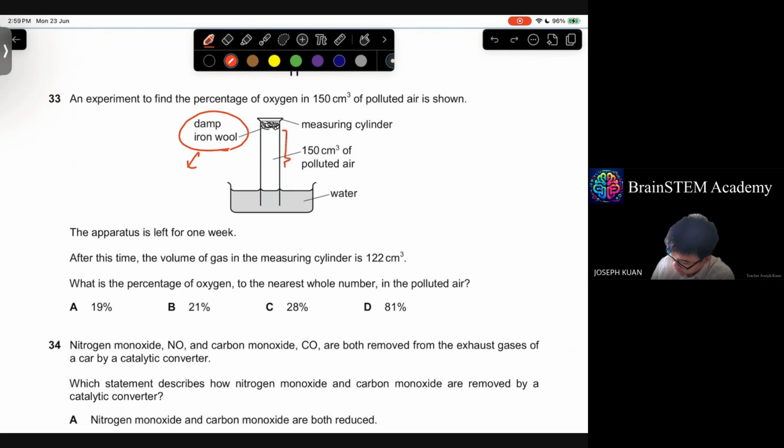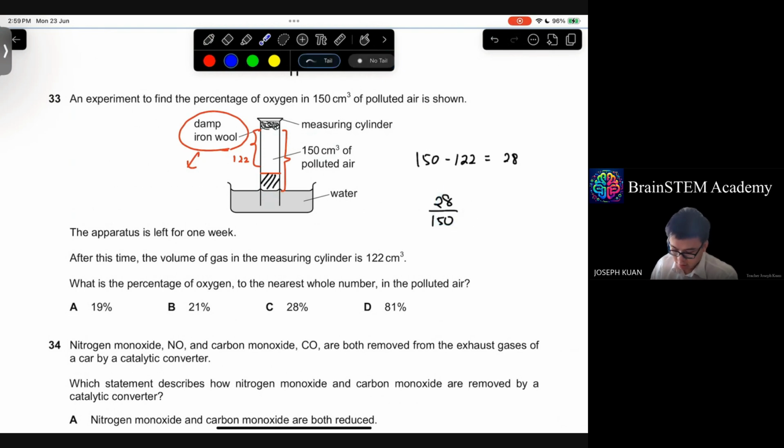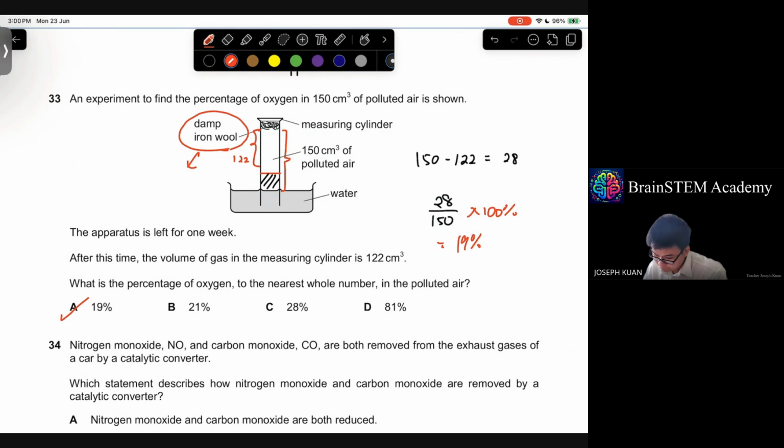After the experiment, the water level rises, leaving 122 cubic centimeters of air. So this shows us that the component removed is oxygen. You have to find the difference between these two values to find the oxygen used, which is 28 cubic centimeters, and compare that to the original amount of air, which is 150. Multiply by 100%, and you should get 19% oxygen used here. So the answer is A.